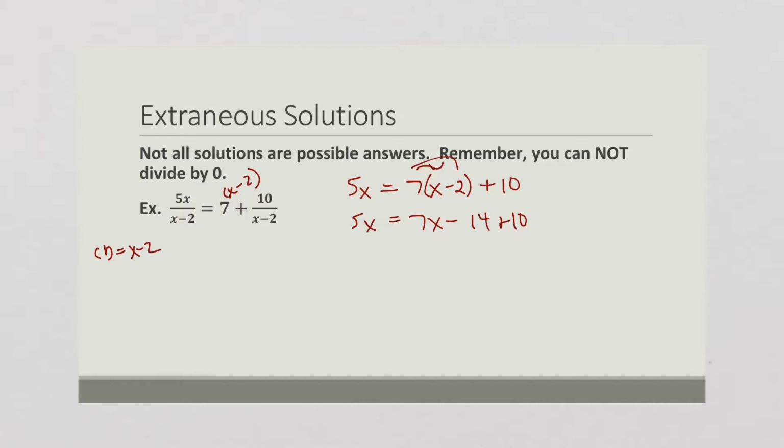Simplify. End up with, take away 7x from both sides, and I end up with x equals 2. Well, if I go back and I plug 2 into my equation, I'm going to end up with a 0 in my denominator.